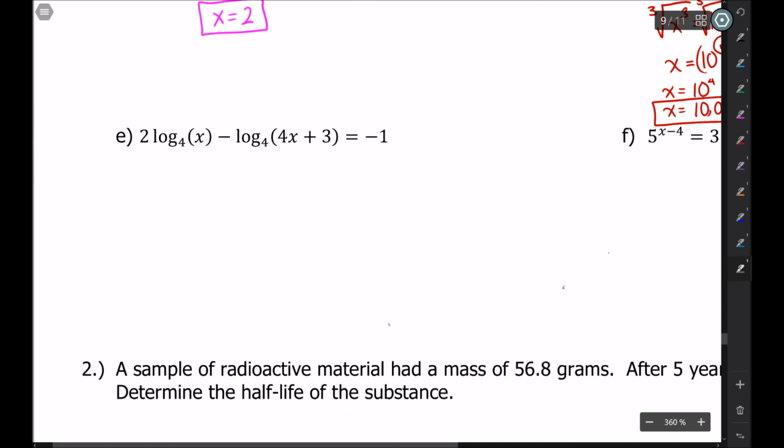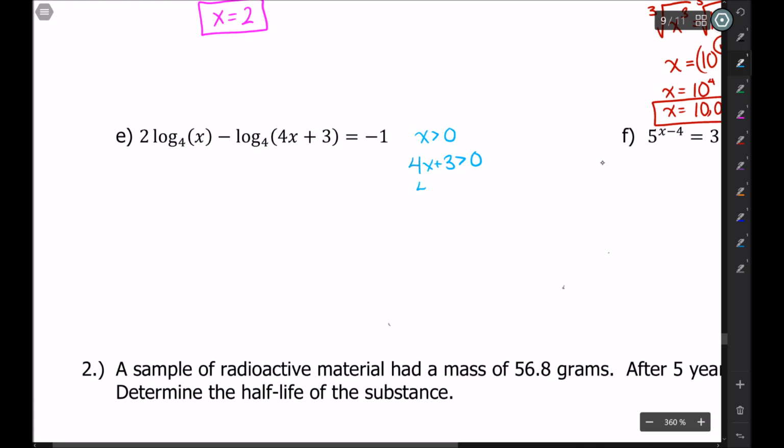Okay? All right, so in question E, we want to solve 2 log base 4 of x minus log base 4 of 4x plus 3 is equal to -1. So I'm going to identify what my restrictions are first. So x has to be greater than 0, and then 4x plus 3 has to be greater than 0.